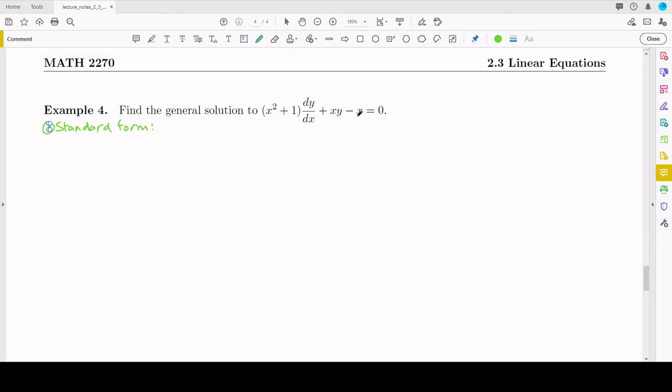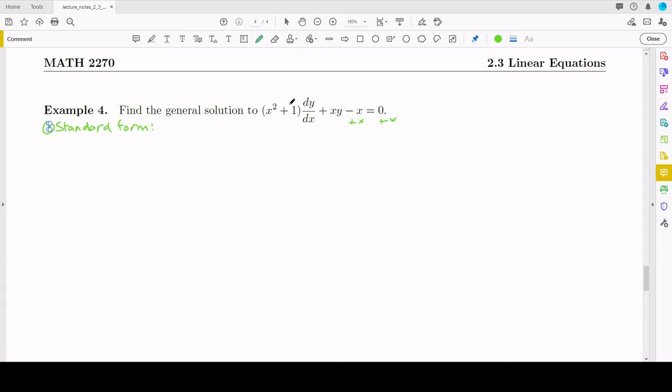And first, we should notice that there's an x by itself that's not connected to the y. So we would add x to both sides to put that on the other side. And then there's a leading coefficient of x squared plus 1, x squared plus 1 times dy/dx.